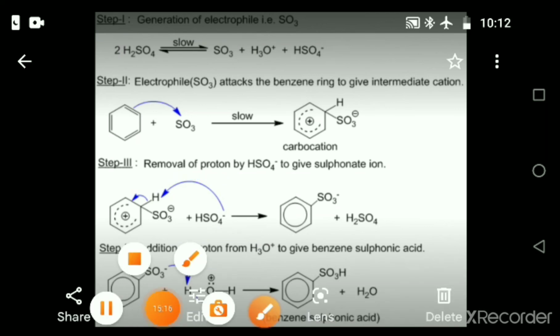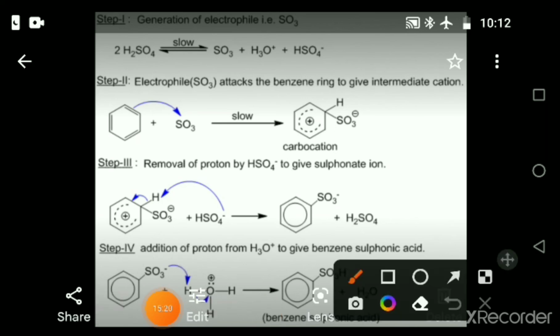In the first step of sulfonation, the generation of the electrophile, SO3 is formed in the presence of 2 sulfuric acid to form the electrophile SO3 and H3O. In the second step, the electrophile attaches to the benzene ring to give an intermediate cation. The benzene ring is treated with the SO3 electrophile. In the slow step, it forms a carbocation.